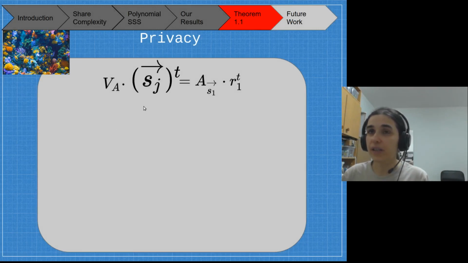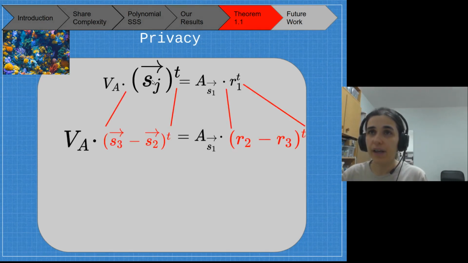But still, since it works for every S0, we can obtain any vector here for the same R1, depending on what the original S0 was. So again, R1 depends on this vector, but this is fine. Now, since we can get any vector here, it can be the difference of any pair of share vectors, right?